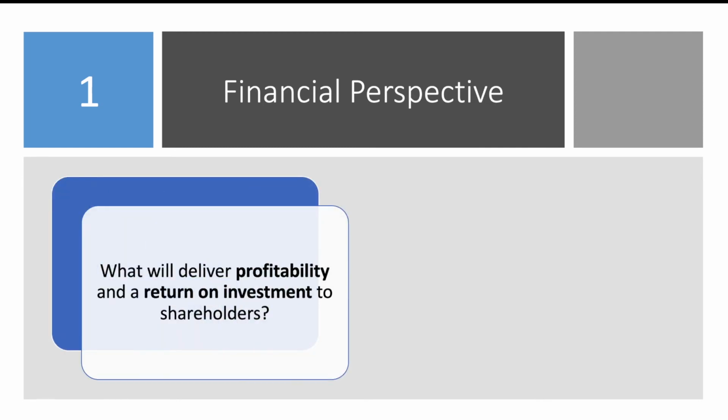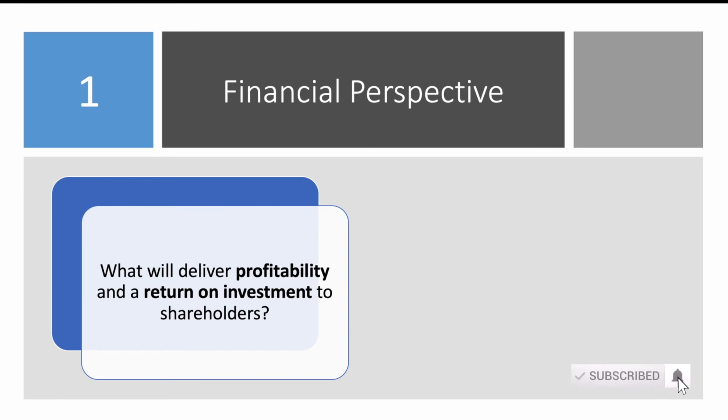Now let's go into a little bit of detail. Number one is financial perspective. Financial perspective is: what will deliver profitability? What will deliver profitability and a return on investment to shareholders? Okay, the financial perspective definitely talks about the shareholders.